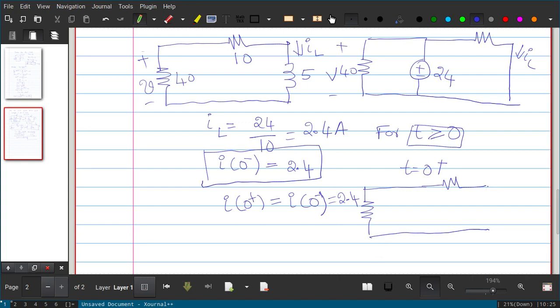So how can we represent that? We have discussed that the inductor can be replaced by a constant current source I0, and the I0 value is 2.4, this is 10, this is 40. This is at what time? At t equal to 0 plus, that instant of time.